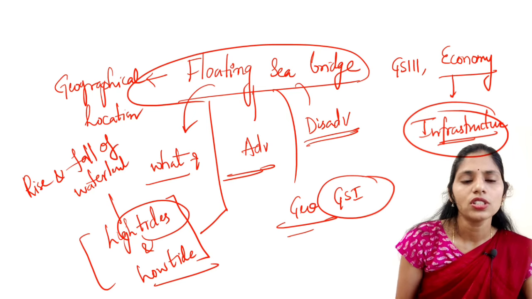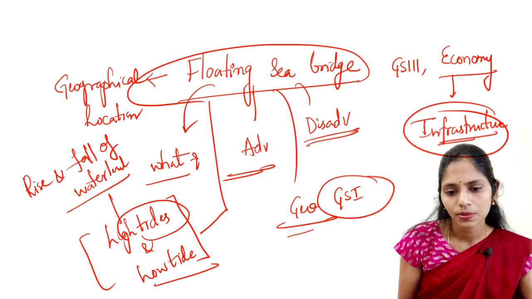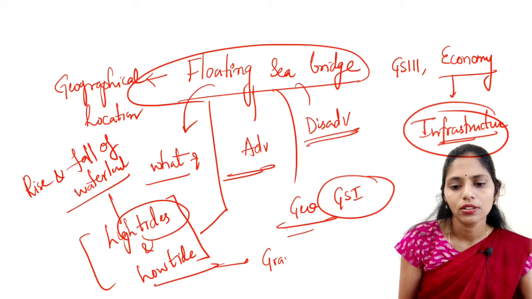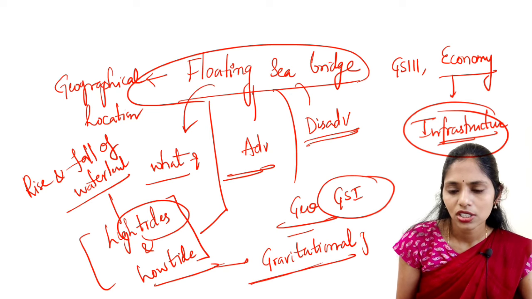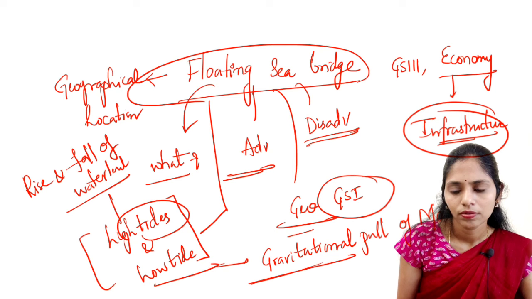So what is the cause of these tides? Tides are caused because of the gravitational pull of the moon as well as the sun.